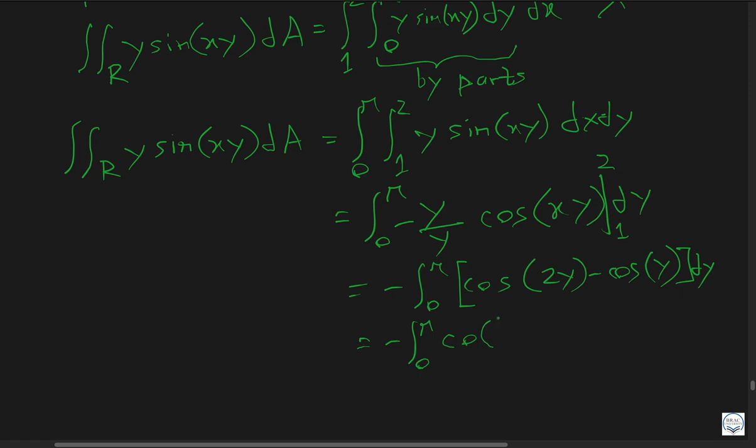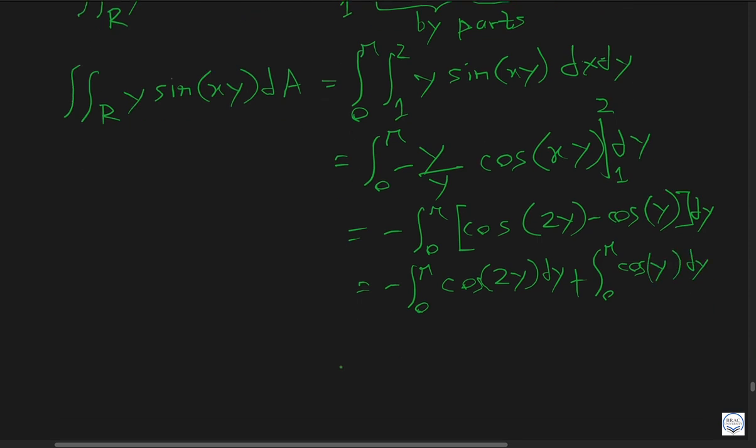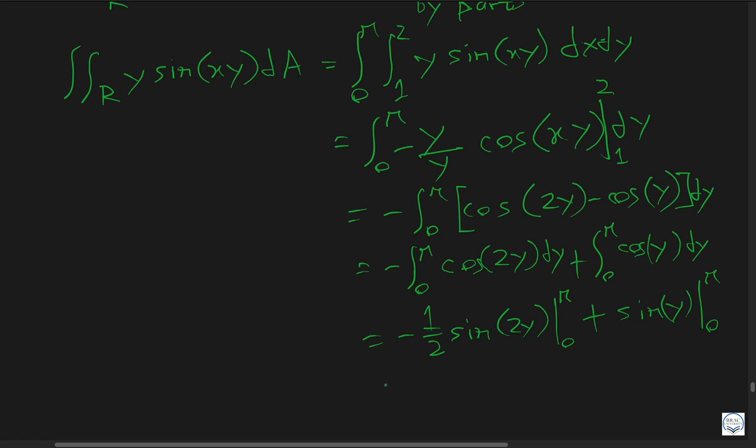Now we just use the linearity property of the integral, which means that we can split it up with the sum. Minus minus is plus. The integral of cos 2y is half sine twice y from 0 to pi, and this is just plus sine y from 0 to pi.